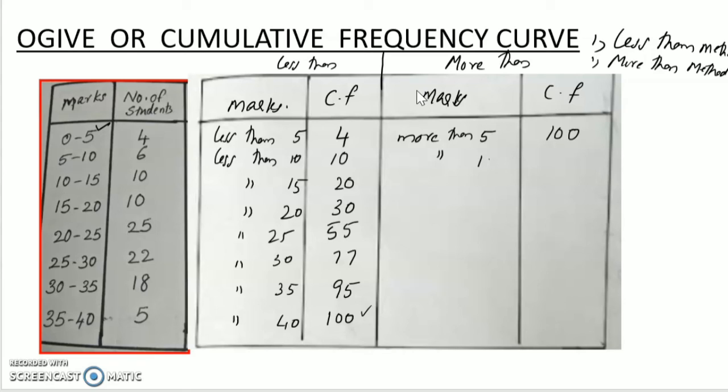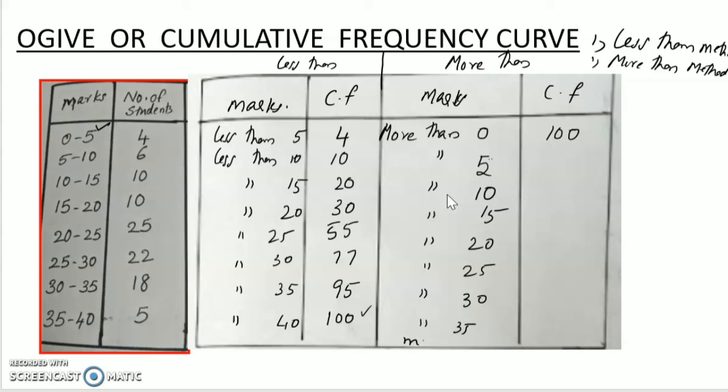Here it is not 5, this is 0. So next is more than 5, more than 10, more than 15, more than 20, more than 25, more than 30, more than 35, and the last point also we are taking, more than 40.